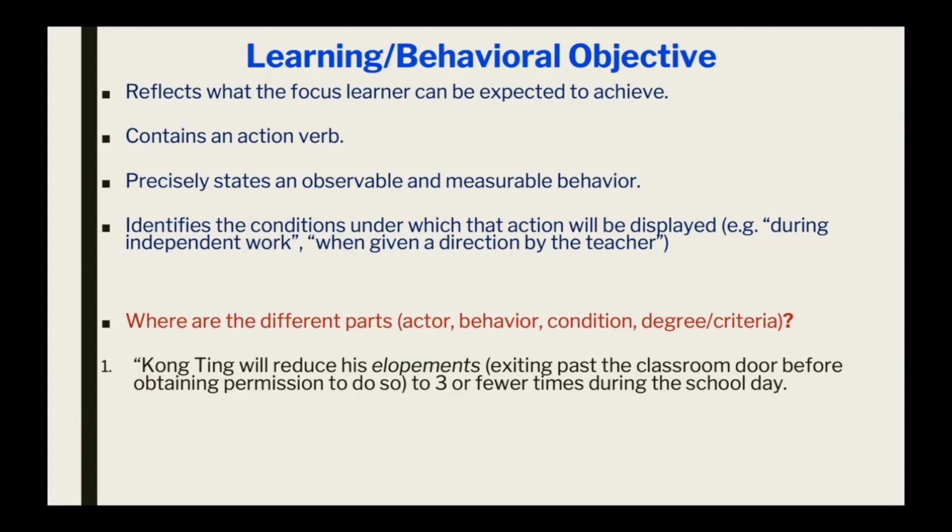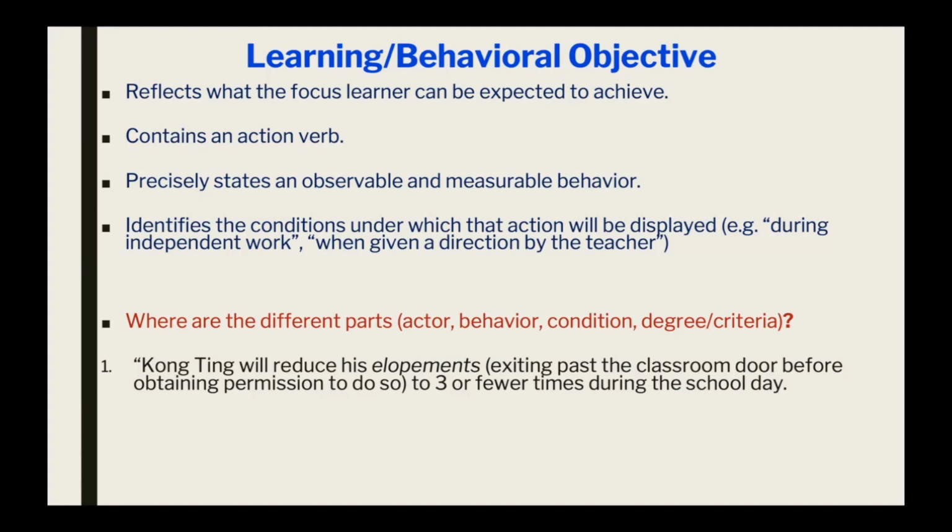What behavior will be shown? Oh, elopements, but fewer of them. So the behavior is, and by elopements, we don't mean putting a ladder up against the house to the second floor window and bringing your loved one down and running off.